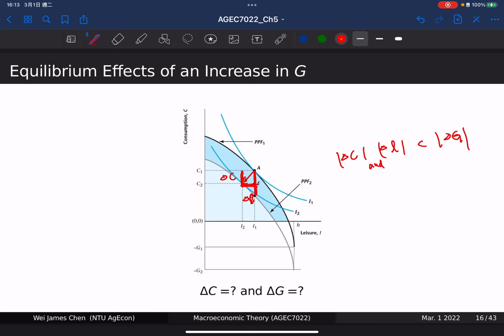Clear? Is that intuitive, or does it actually feel more difficult to understand? Any comment? If you feel like this way of telling you why Y must go up, or why the absolute value of delta C and the absolute value of delta L are less than delta G, is easier to understand, raise your hand.